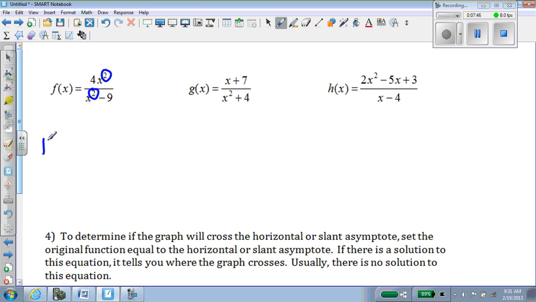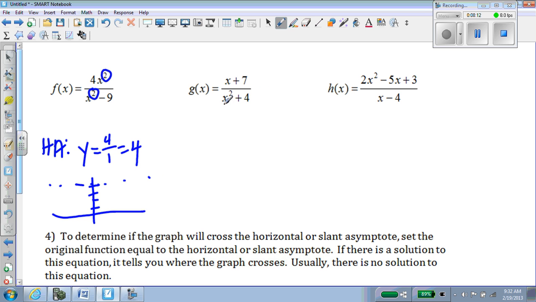So we have a horizontal asymptote at y equals 4 over 1, right? The leading coefficient of the numerator over the leading coefficient of the denominator. So 4. So we would have 1, 2, 3, 4, a horizontal asymptote at 4. And that means the end of our graph will be sort of approaching that line.